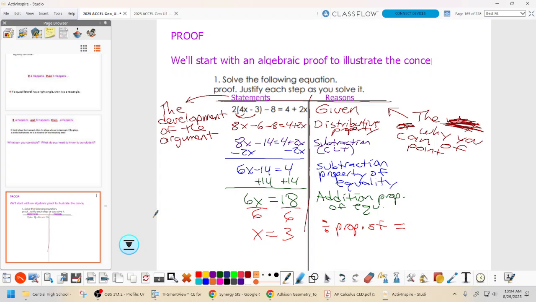It's an algebraic proof. Okay, we will switch gears over to geometry. Here's what it would have said. Without all these words, in a very basic way, it would have said given the equation, and then it would have said prove x equals 3. Again, this stuff would not have been there.